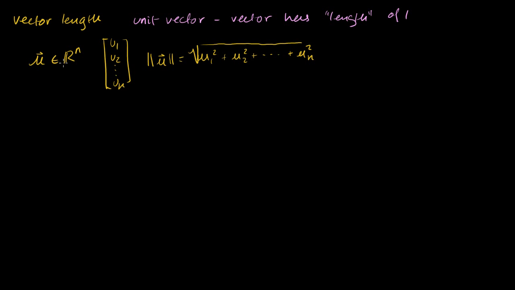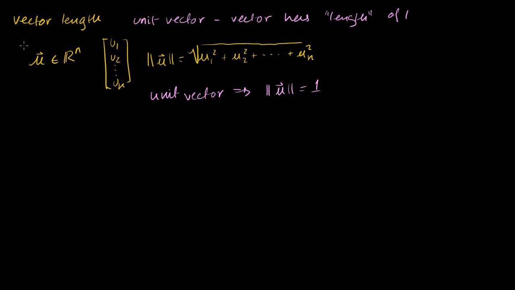If this is a unit vector, that implies that the length of u will be equal to 1. And that doesn't matter in what dimension space we are. This could be R100, this could be R2. For a unit vector in any of those spaces, the length is 1.